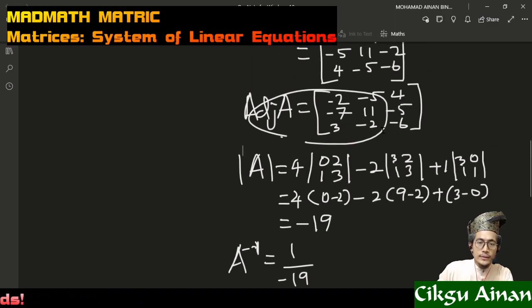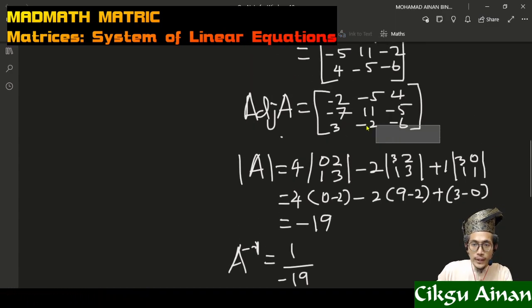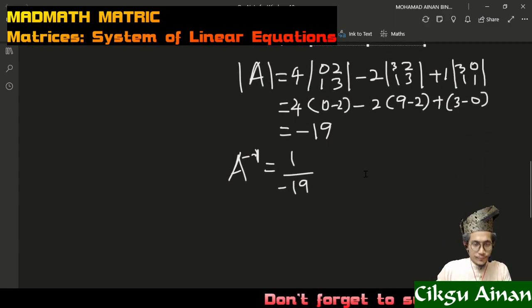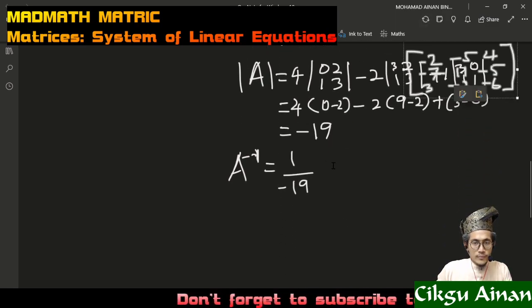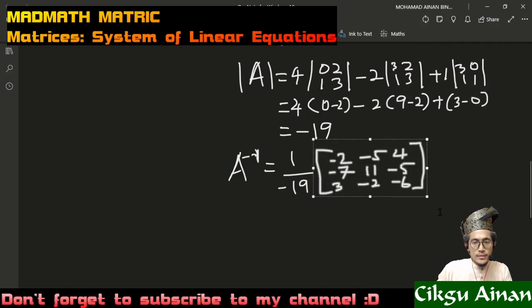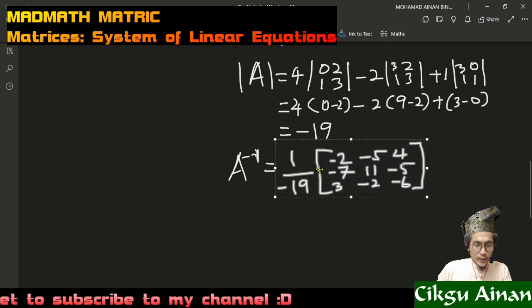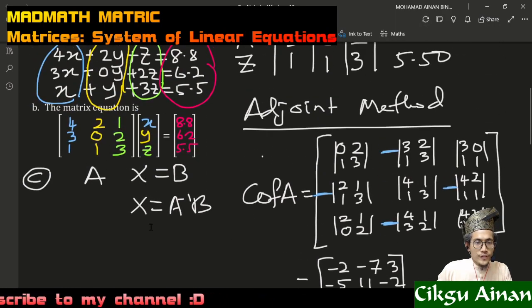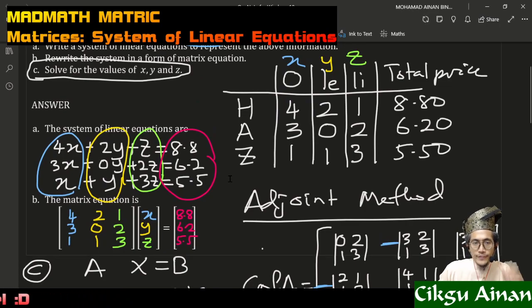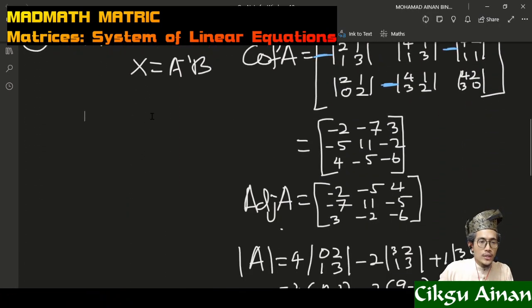Copy only from here. And then we can copy this and put it over here, because the question doesn't ask for A inverse specifically. So we can just leave it as is.